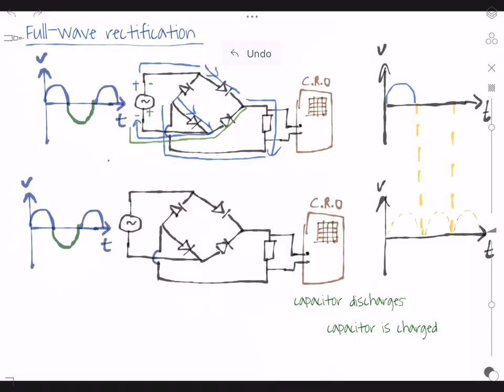But current will go and move through this resistor. So you notice that the direction is the same as the first half cycle.